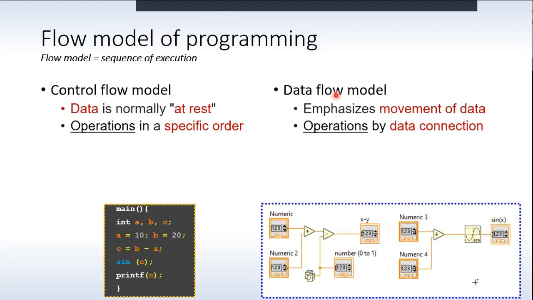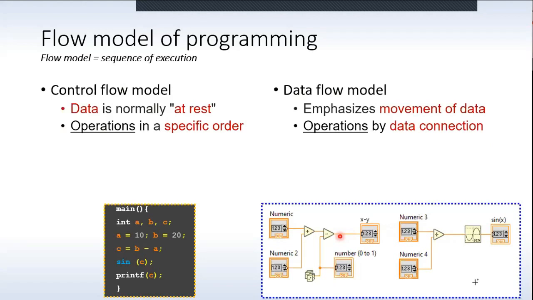In text-based or other languages, the operations are done in a specific order, the way we put sentences, that way it will occur. But in the data flow model, for example in LabVIEW, when the data is available, the operation will be done. If the values are there, it happens right after that. You do not wait for other things to happen. Data is there, it will execute the next step.